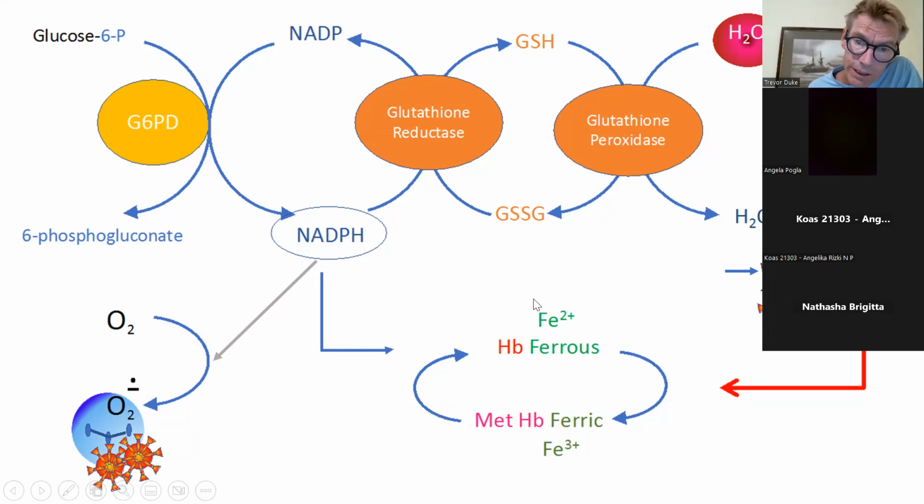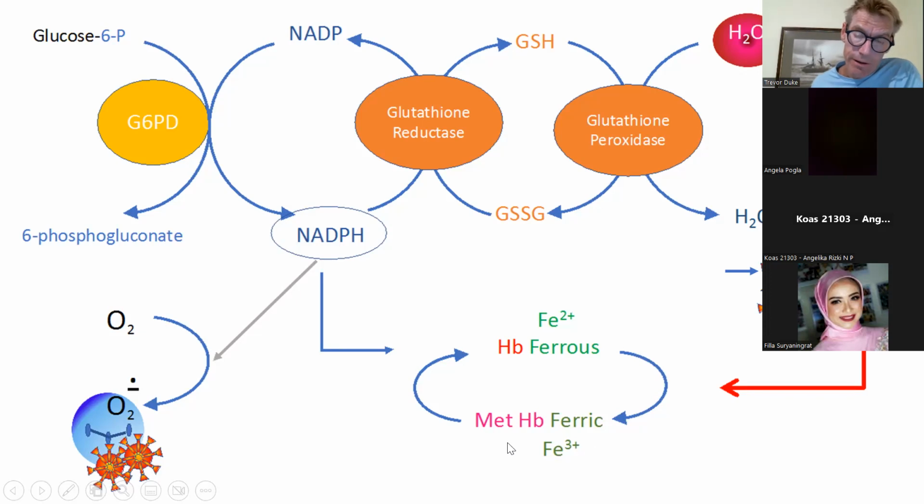Normally hemoglobin exists mostly in the ferrous form, that's iron 2+. There's iron within the hemoglobin, but if there's oxidation of the hemoglobin, then it turns into the ferric form, iron 3+, and that's called methemoglobin.